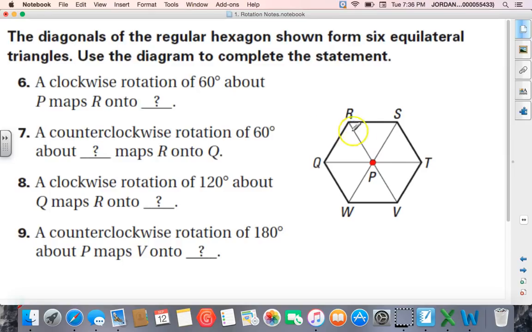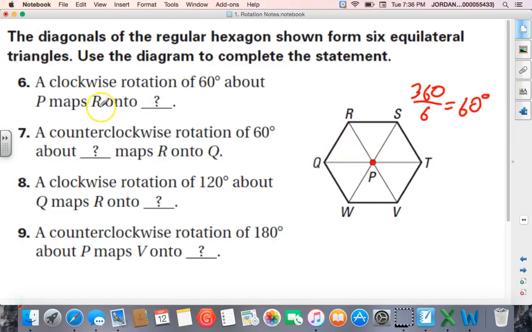Okay, so what we need to know here is this is a regular hexagon. Since it's regular, we can use our little rule of 360 divided by the number of sides. How many sides is it? 1, 2, 3, 4, 5, 6 sides. So 360 divided by 6 gives us 60 degrees. Every time we rotate it 60 degrees, we should rotate it onto itself.